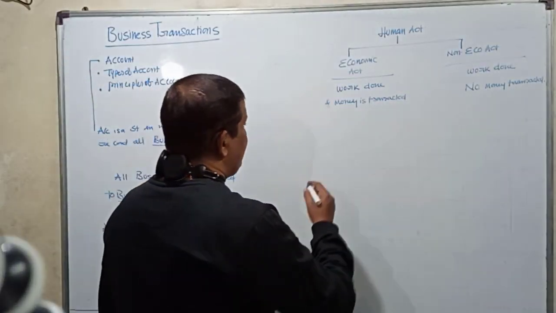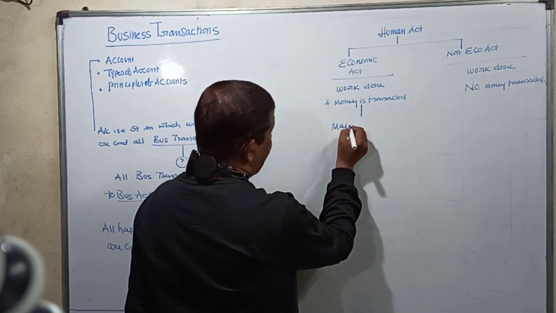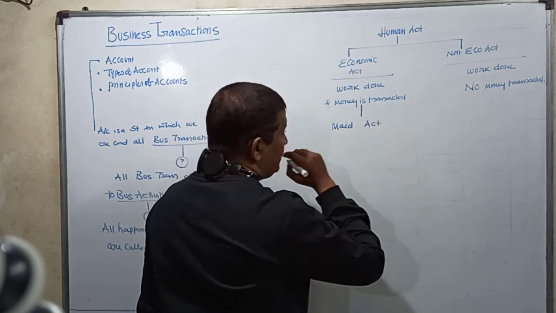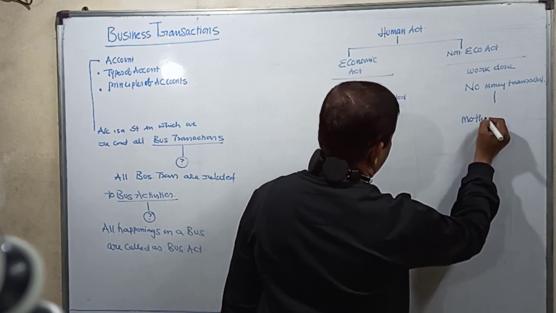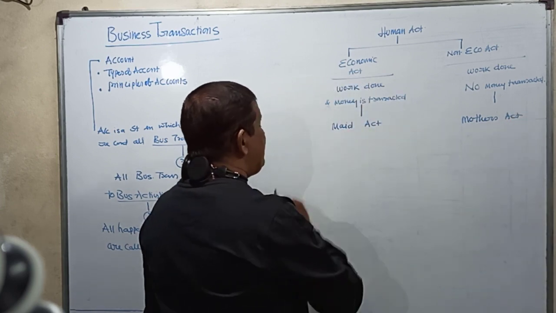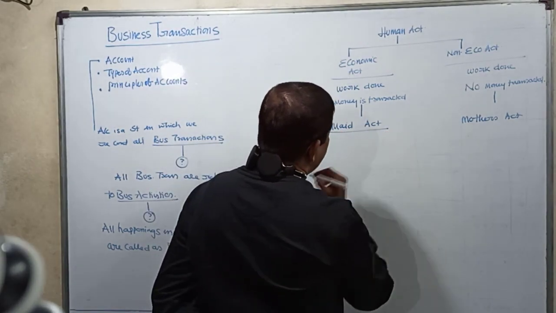Let us take an example and understand. Now there is a maid's activity, and we will take a mother's activity. The maid servant at a home is doing some work, that is called maid activity.